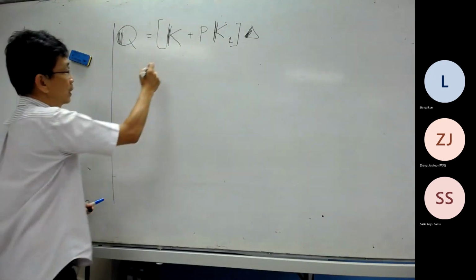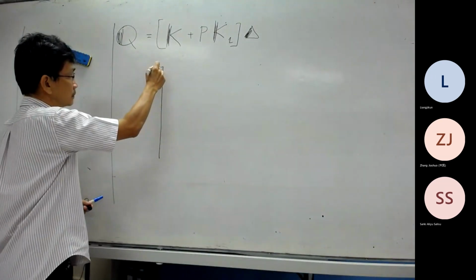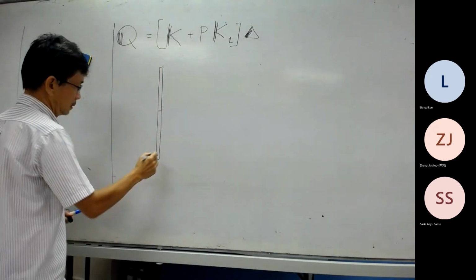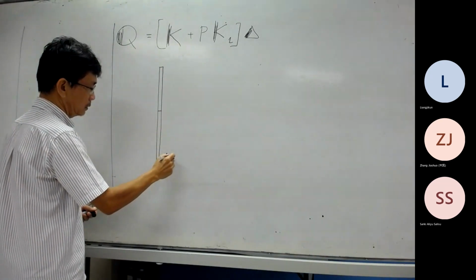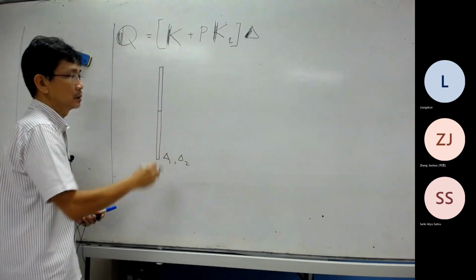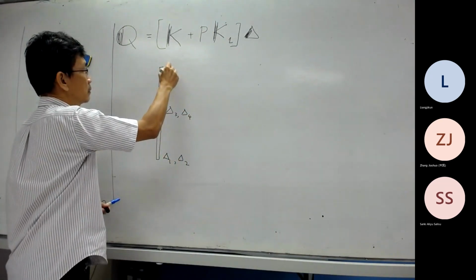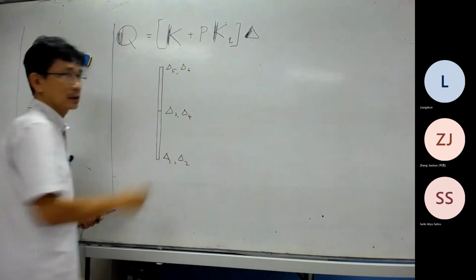Now, the problem that we have is we have delta 1, delta 2 here, delta 3, delta 4, delta 5, delta 6.